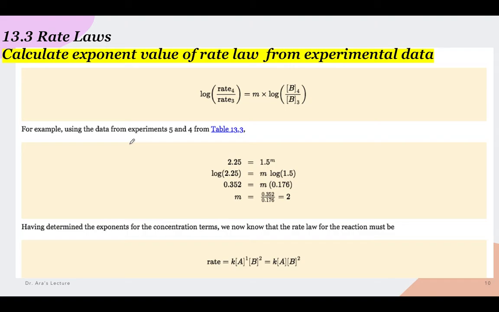For example, using the data from experiment 4 and 3, we get 2.25 equal to 1.5 to the power m. How do we get that? We did the same formula. If we follow, then log 2.25 equals m log 1.5, and if we calculate, we will find the m value is 2. That means this is second order in the reaction.